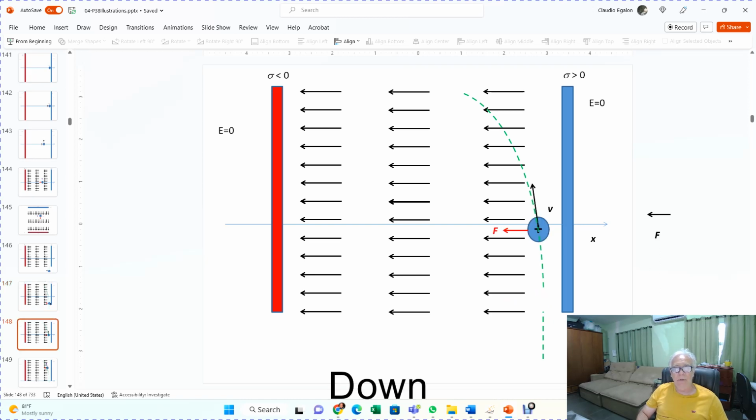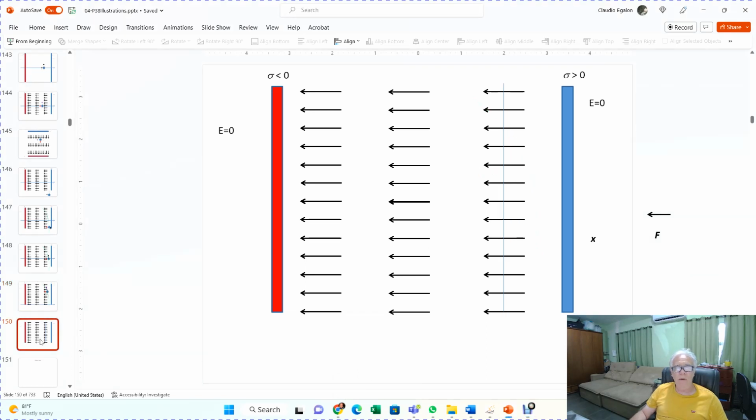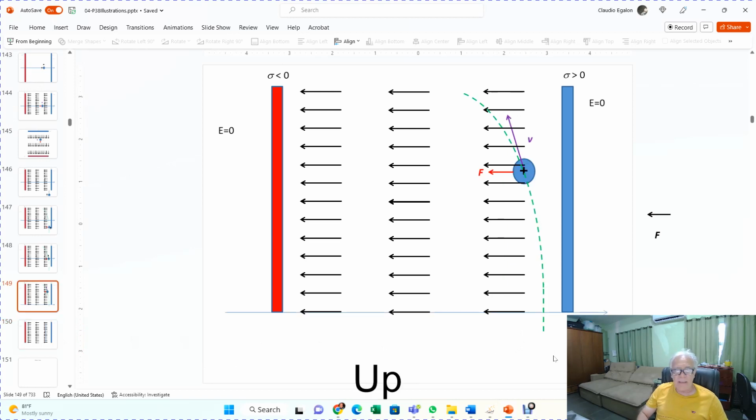And because the force is constant, just like in the case of the projectile motion, the electric charge will describe a parabolic motion within this volume. Okay? So those are two cases for an electric charge subjected to a uniform electric field.